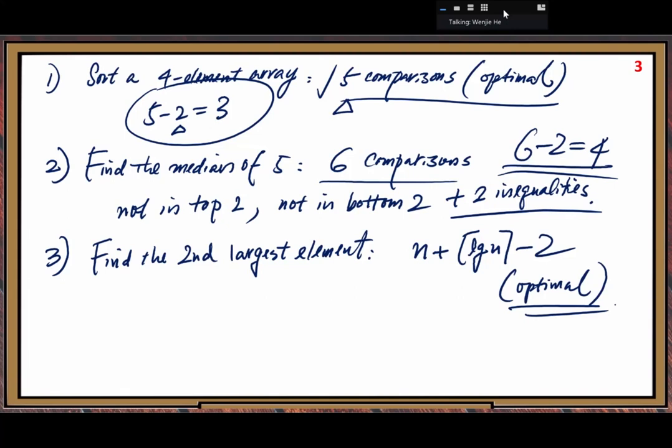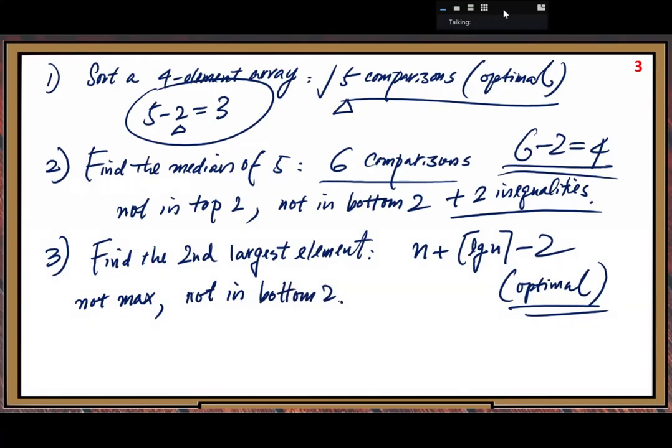So then remember there is a question. We need to find an element in an array with 300 something elements. That number is not important, but the element must be not max and not in the bottom 2.